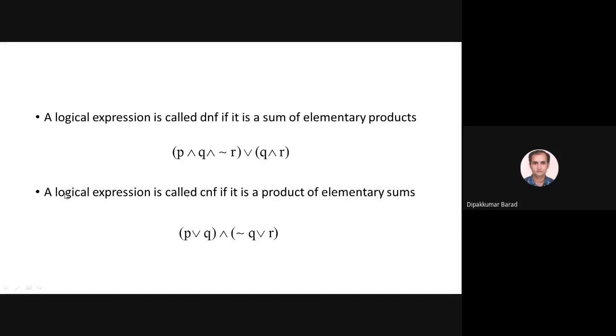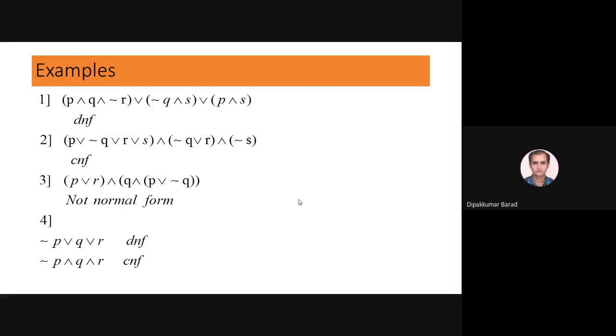This is a sum of elementary products, and a logical expression is called CNF if it is a product of elementary sums. These are the examples. First one is DNF, second one is CNF. You can see this is an elementary product, the sum of elementary products we call DNF. Now this is an elementary sum, as we have connective OR, and the product of elementary sums we call CNF.